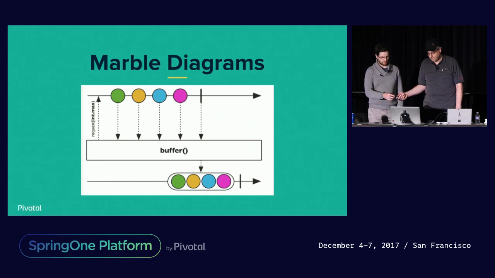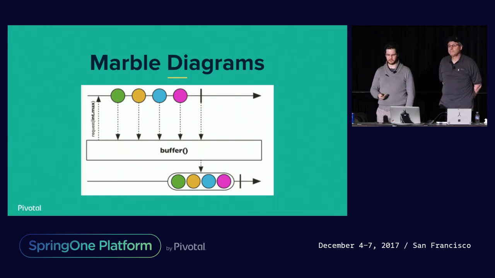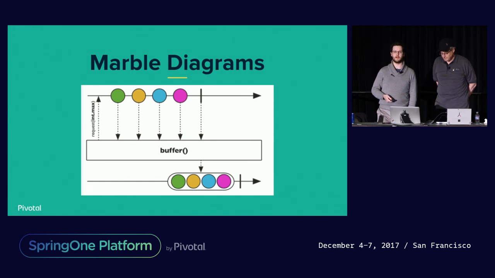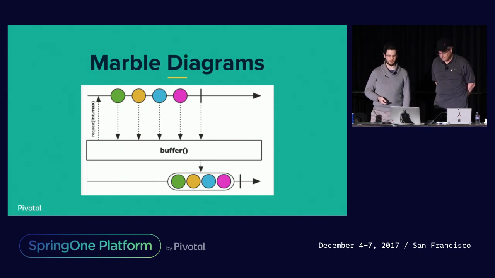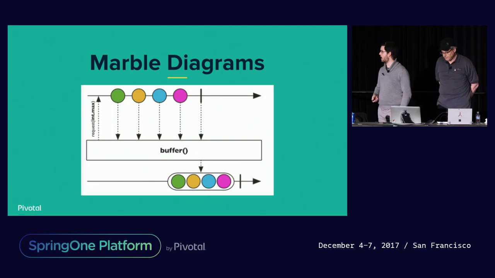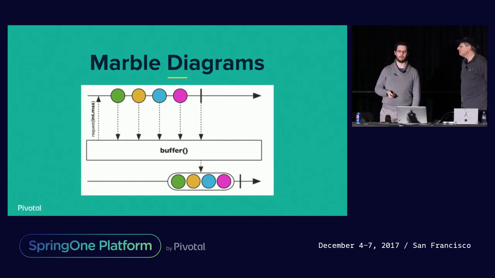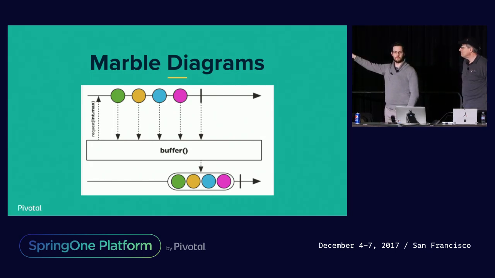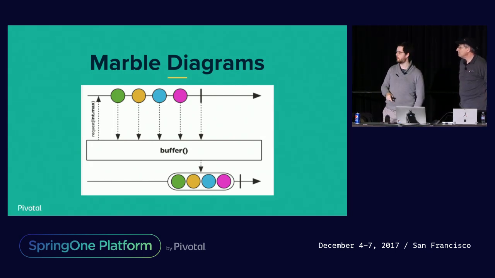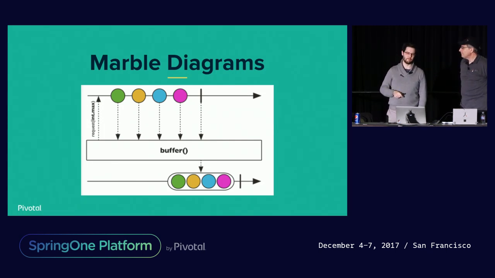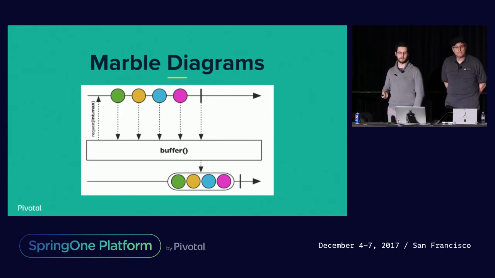A way to visualize that is through what's called marble diagrams. These are pretty standard now in the reactive world, and it's a way, for instance, to document the operators. What you see here is a source flux at the top, this arrow with the marbles in it. The marbles, the circles, represent the data, so on next events, basically.